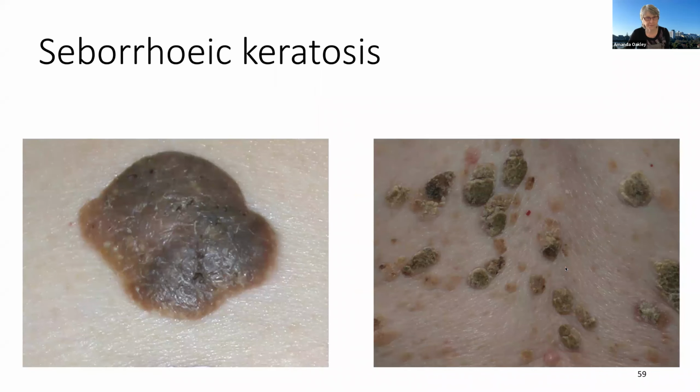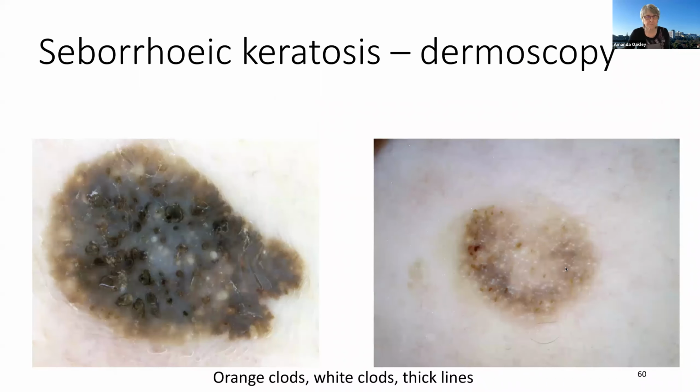The one on the left is rather waxy. The patient on the right has hundreds of seborrheic keratoses varying from pink to black and various shades of brown and yellow. On dermoscopy, we can see white clods, which are usually round or oval. They can be small to large.